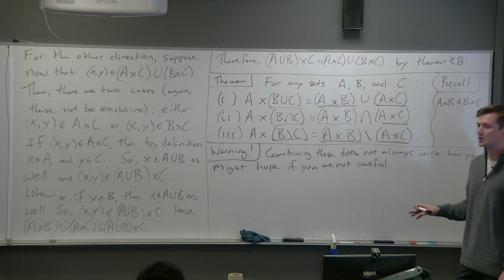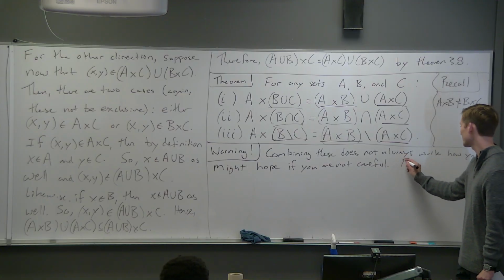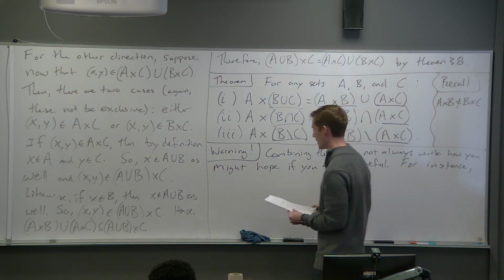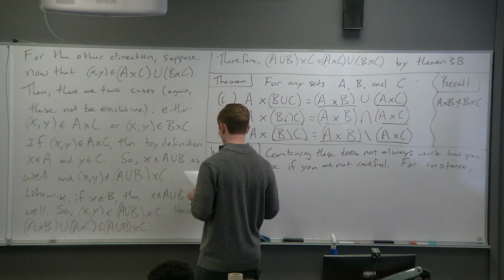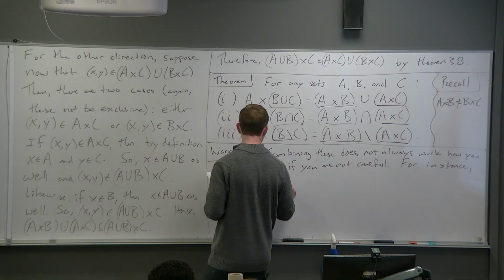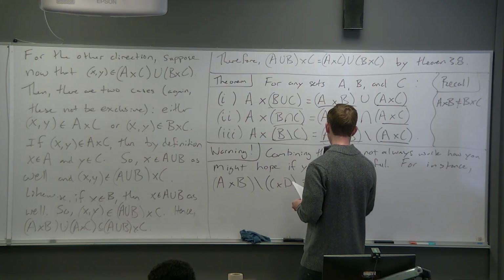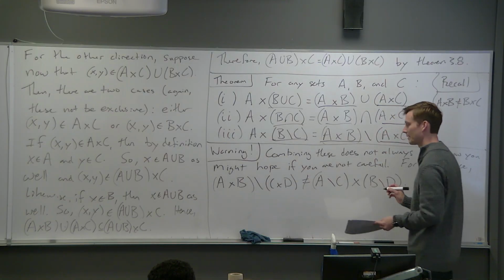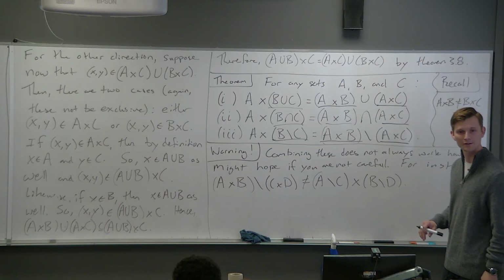If you are not careful, you may make statements that are incorrect if you try to combine these things. For instance, I believe it's the same example here. A cross B set minus C cross D is not in general equal to A set minus C cross B set minus D. You may hope that you can somehow double undo these things.